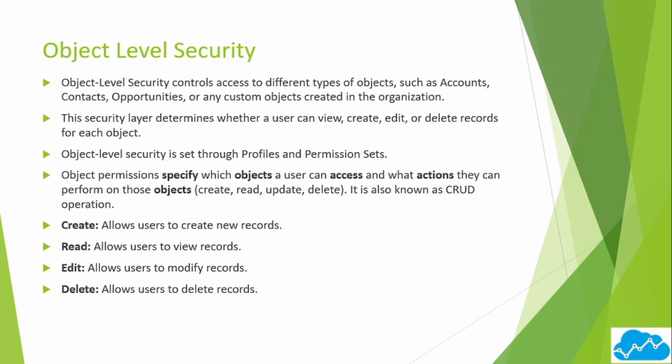This security layer determines whether a user can view, create, edit or delete records for each object. So on the object, which operation the user can perform is determined by this security.